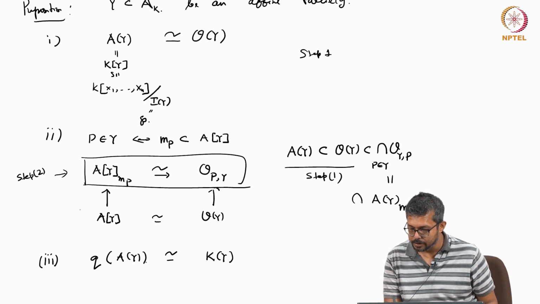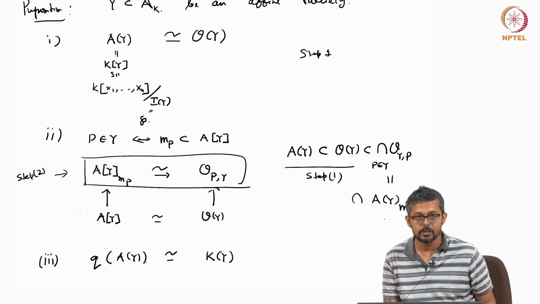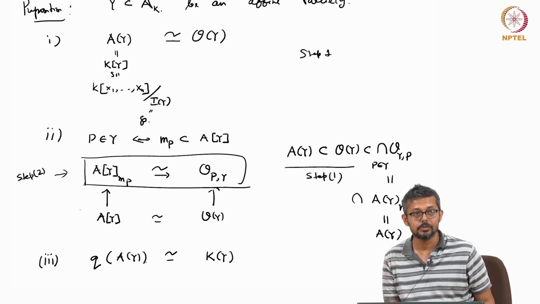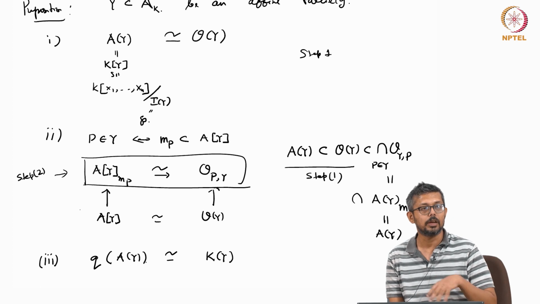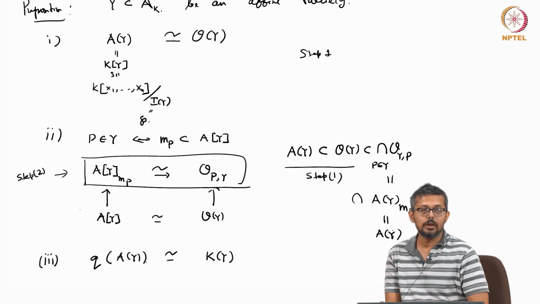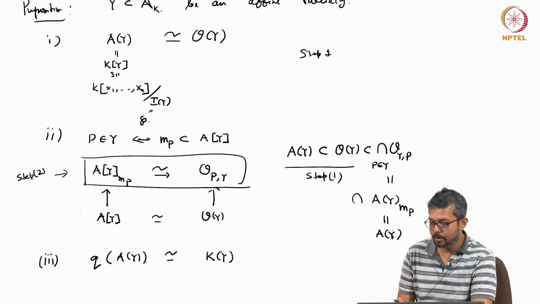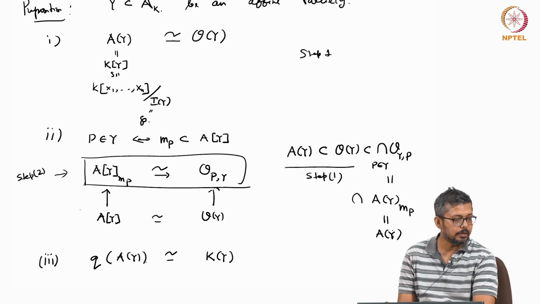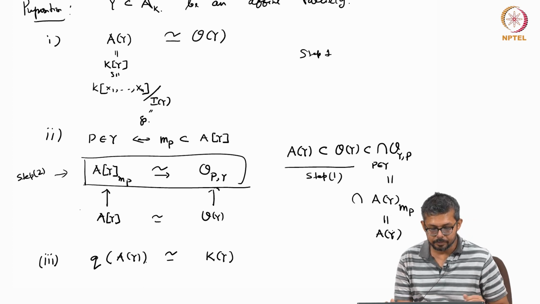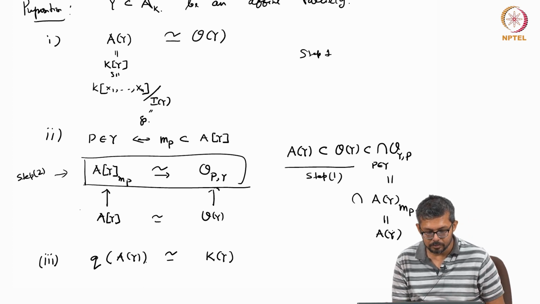Now this is the intersection of this, and because this is a domain, this is equal to A(Y). This is some standard result in commutative algebra. If you take an integral domain, then by sandwiching, A(Y) is a subset of O(Y), which is a subset of A(Y), and this is how you get it.